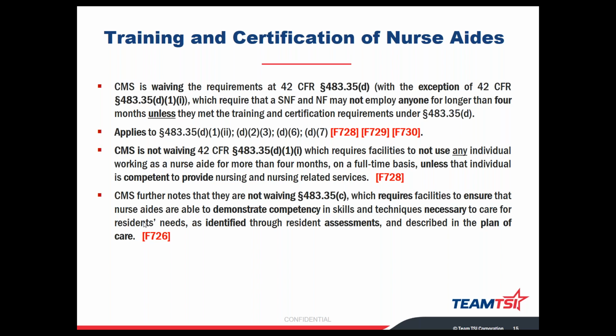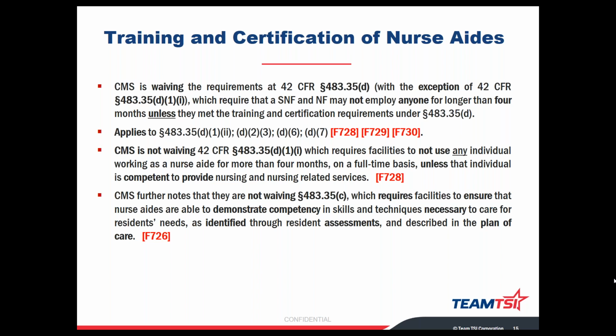Another issue that's not addressed is the nurse aide registry check. So if I'm waiving that requirement, am I also waiving my checking the nurse aide registry? And there's nothing in there that talks about exempting a background check.